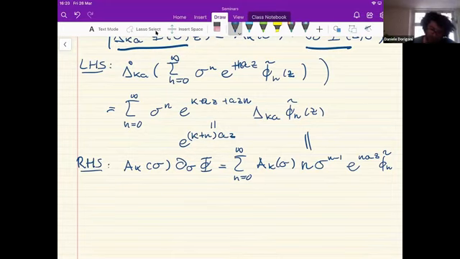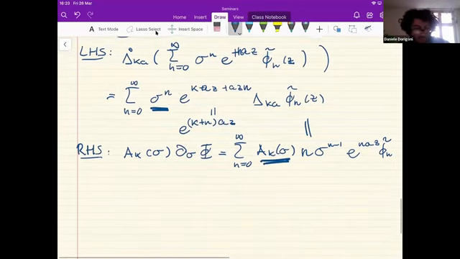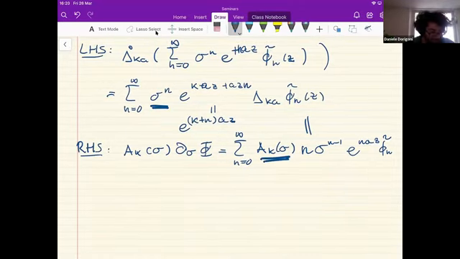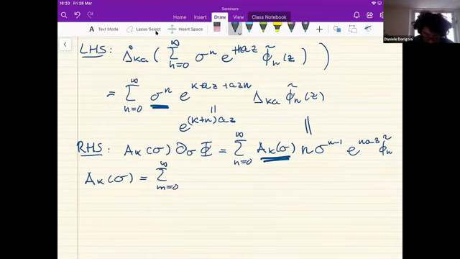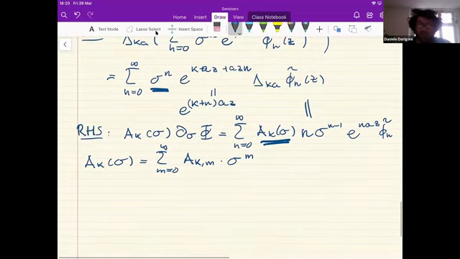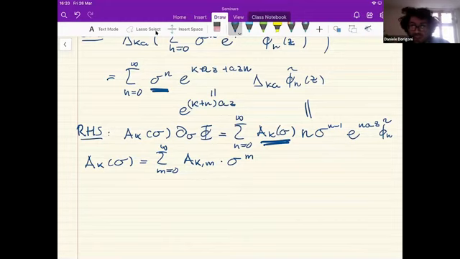So the first thing that you can do, you can see that in here, only positive powers of sigmas are appearing. So this object must also contain only positive powers. So we can write it as an infinite series of some coefficients, sigma to the n. Furthermore, the other thing that you can check is that not only it must contain the same powers, but the exponentially suppressed corrections must be of the same type.